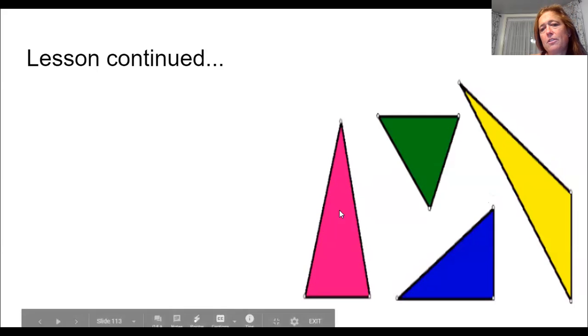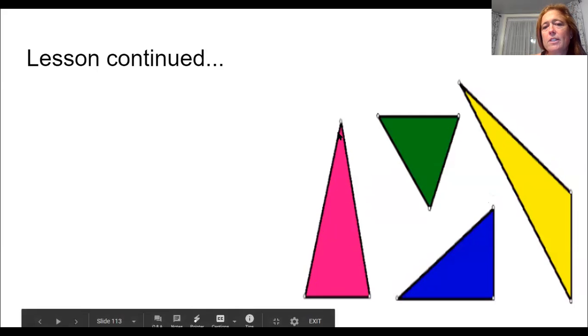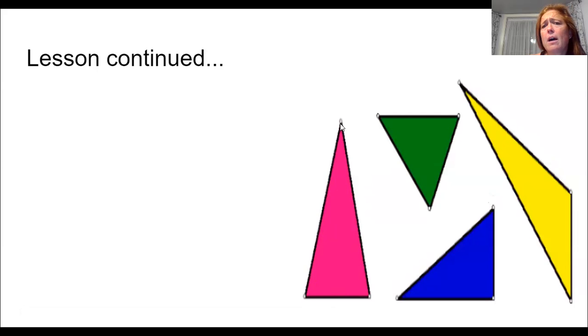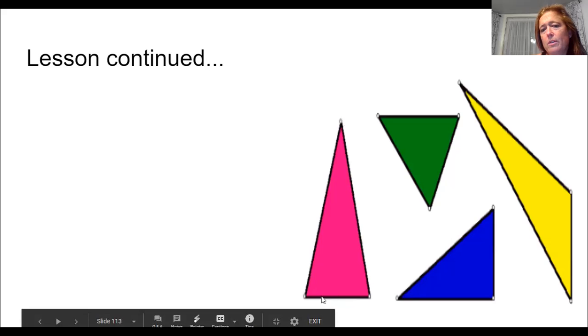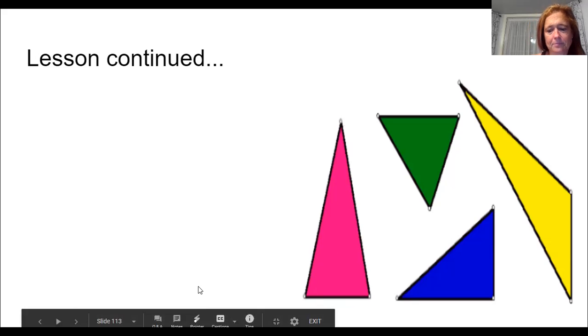Triangles have 3 sides, 3 angles, and they also have what is called a vertice. They have 3 vertices. Vertices are where 2 sides come together. There is a point or an intersection. Those are vertices. So there's 1, 2, 3 vertices. So a triangle has 3 sides, 3 vertices, and 3 angles.